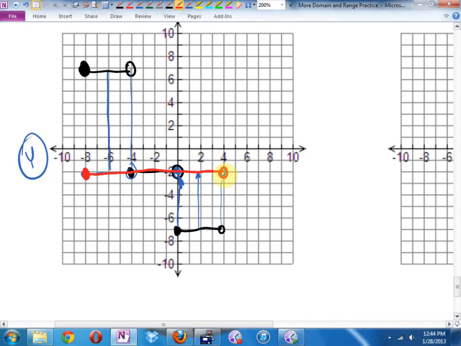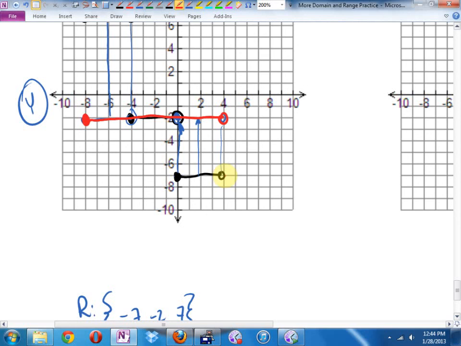I can say then that the domain is -8 touching, x because it's domain, all the way to positive 4, not touching. No gaps, so I don't need to write them separately. Now, I did that on purpose. I made sure that if I slid those lines up and down, they would join together with no gaps.